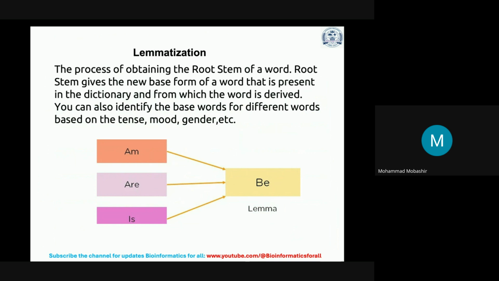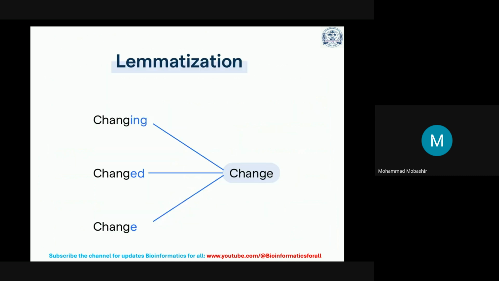You can also identify the base words for different words based on the tense, mood, and gender, etc. So here, "am", "are" are derived from the verb that is be, and so here the lemma is BE. Now, what is lemmatization in terms of example? So changing, changed, and change. Here the lemma is change.